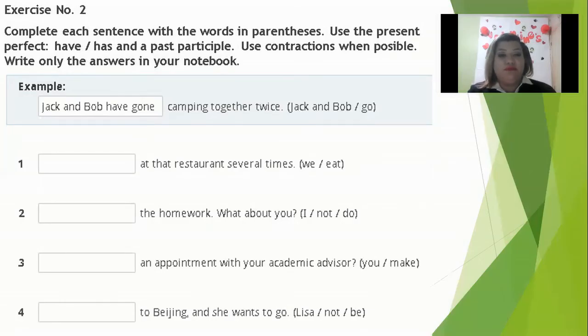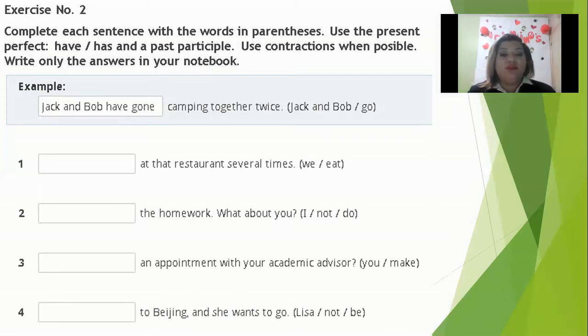Exercise number 2. We are going to complete each sentence with the words in parentheses. Use the present perfect, have or has, and a past participle. Use contractions when possible. Write only the answers in your notebook.